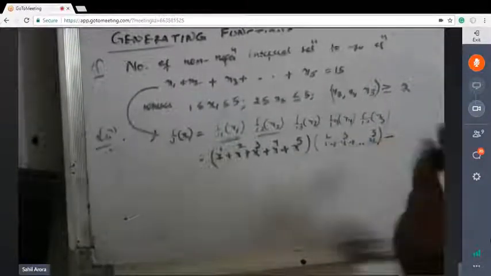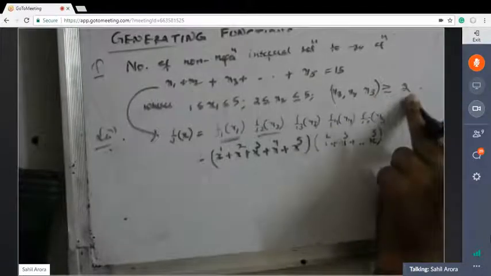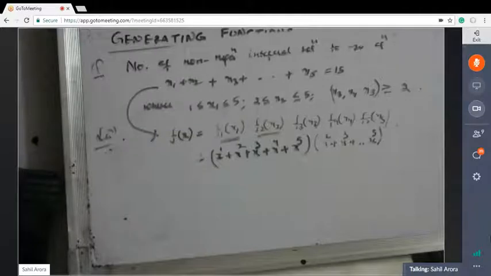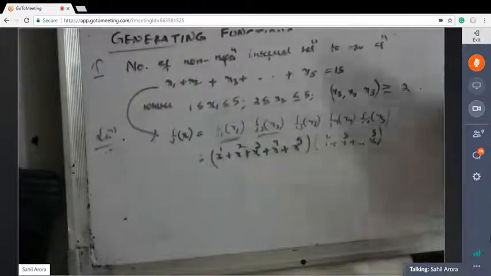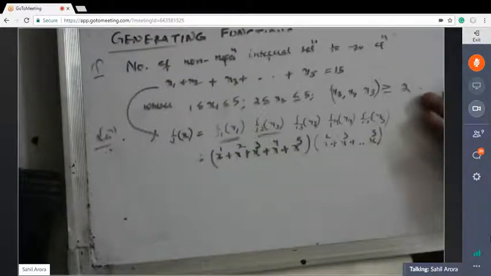Similarly, for x3, x4 and x5, they are greater than or equal to 2. If they are greater than or equal to 2, it means they can go from 2 to infinite. Why? Because they are not giving any restriction. They are saying it will be greater than or equal to 2, so they can go up to infinite also.